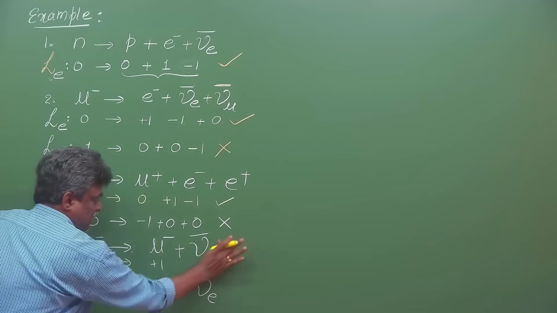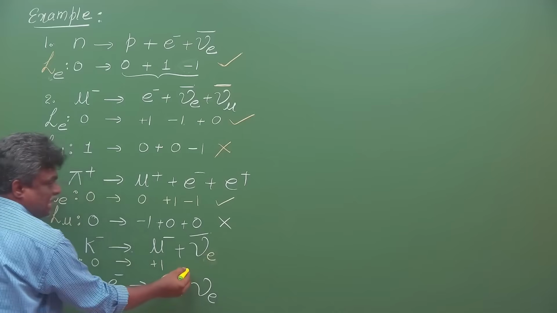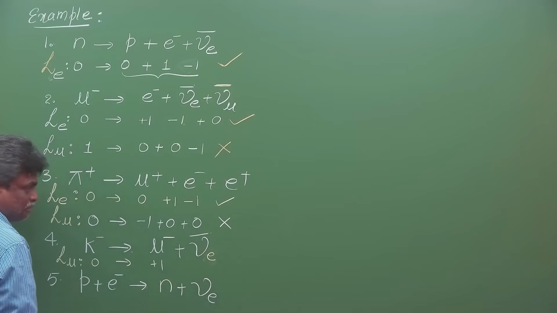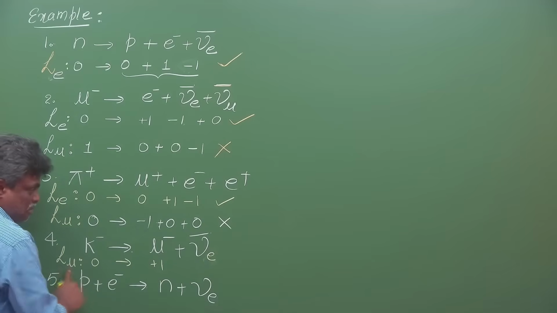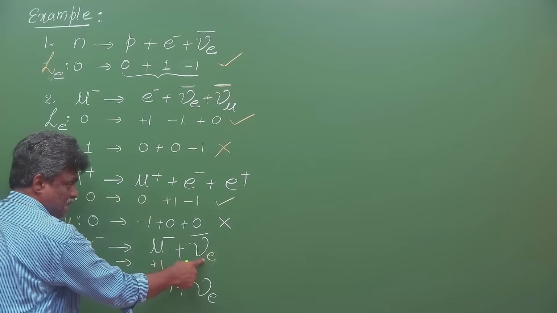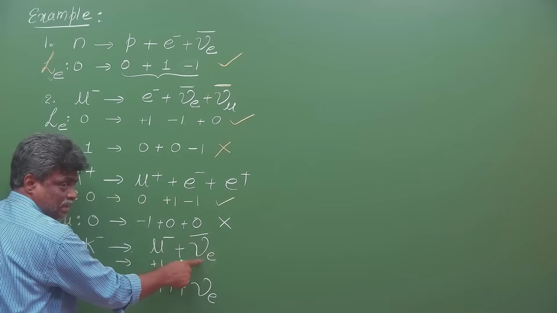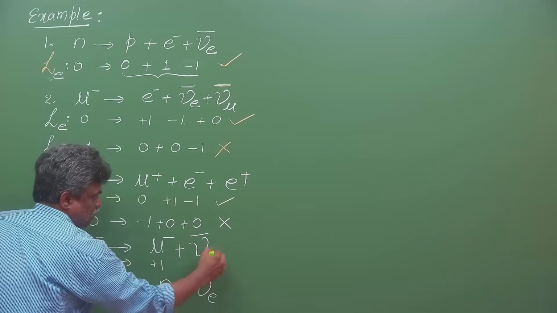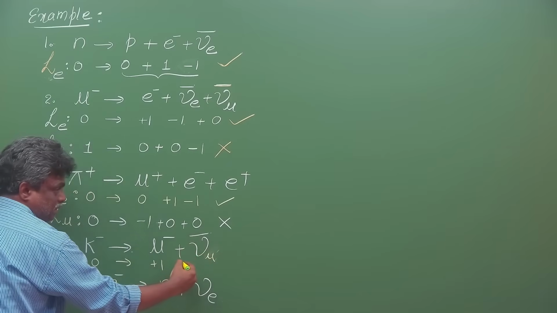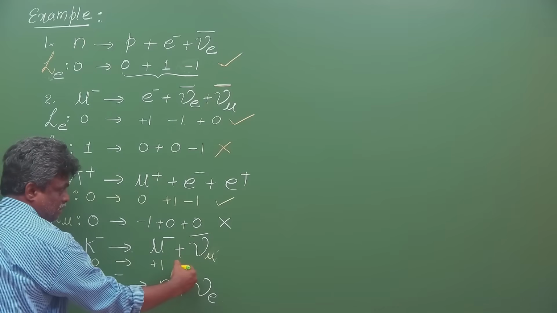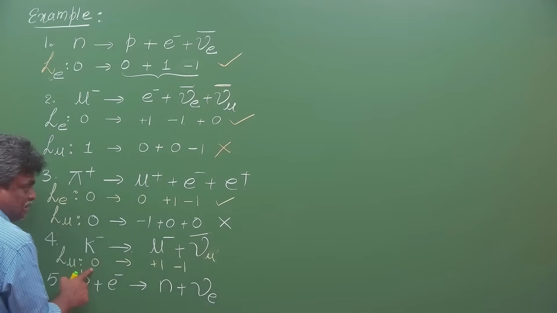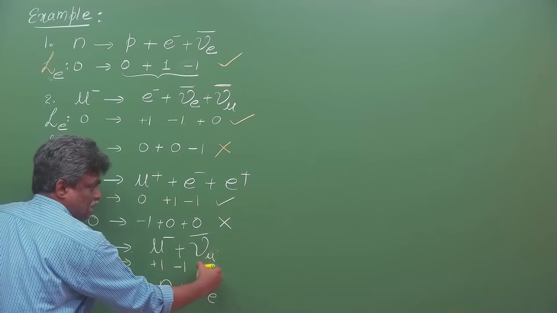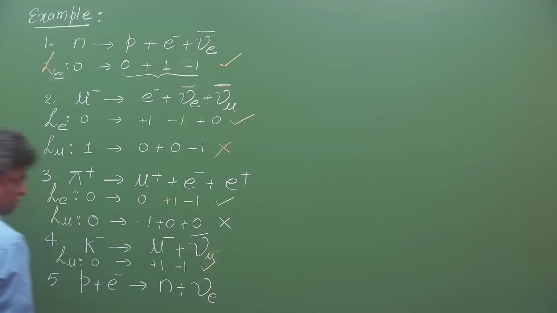Okay, if it is nu e, what shall I write? Why? You are checking mu, but it is electron family. Be careful. Here also you have to see. Here also mu. Now it's a particle or anti-particle. What shall I write? Minus 1. This side, this side. Okay or not okay? Okay. Sit down.